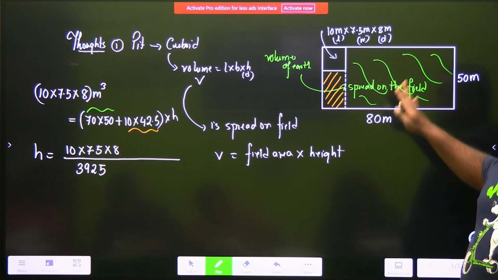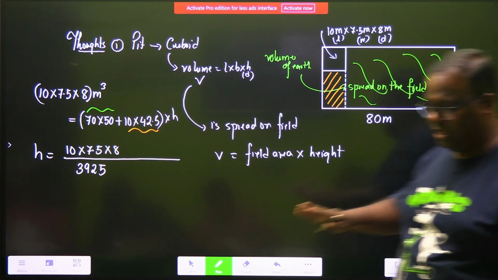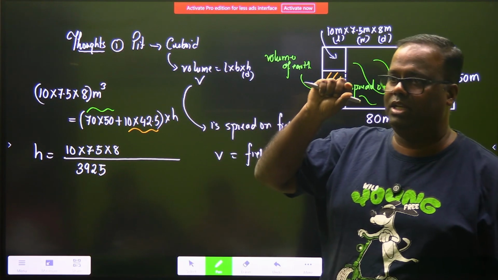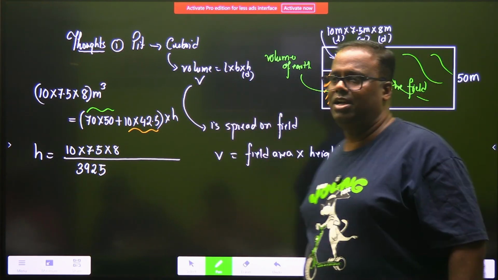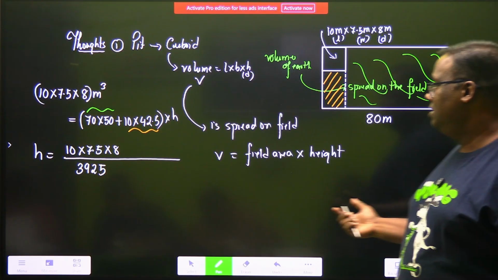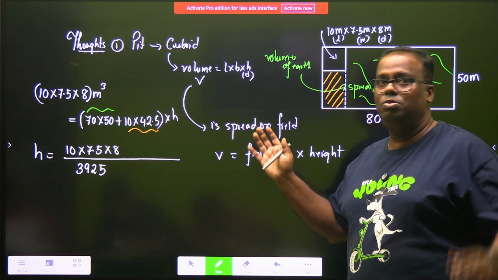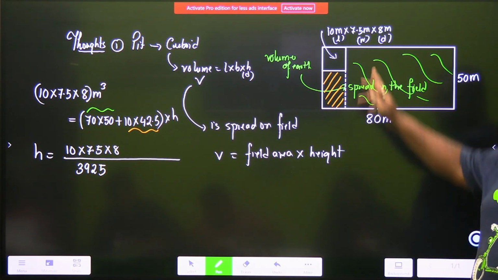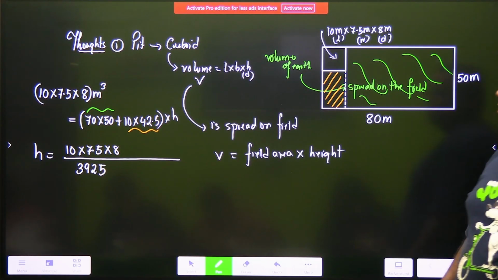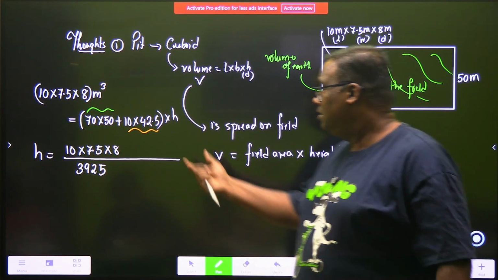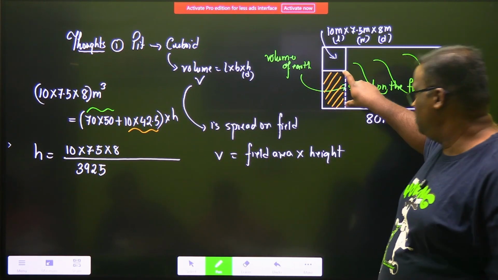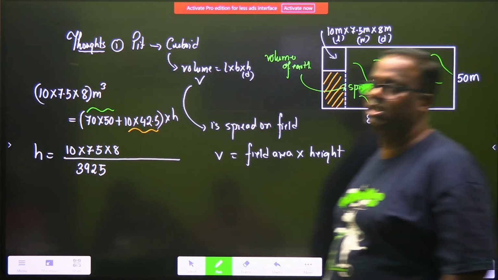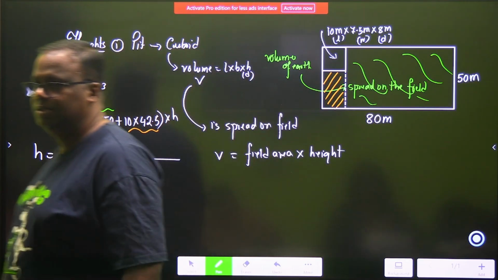As a result of spreading the mud, it's just like spreading jam on bread, don't you think a height will be created? So that height they're asking. That height, since it is uniformly spread, should be equal to the area multiplied by the height of the remaining portion of the field. So what is the area? The saffron one shows you this much area, and the green portion shows you this area. It's comprised of two rectangles. Now do you understand?